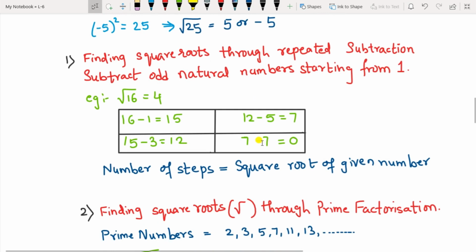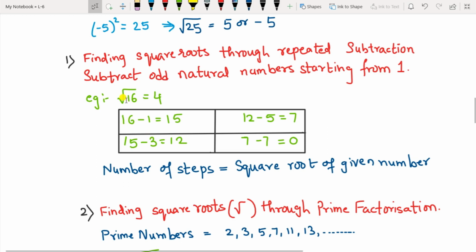The first property for finding the square root is repeated subtraction, that is, subtract the odd natural numbers starting from 1. If you want to find the square root of 16, we have to go on subtracting the odd numbers one after the other, starting from 1.